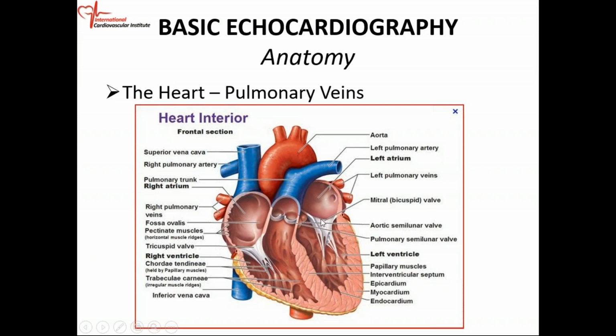This is the mitral valve right there. This is your interventricular septum. This is the right ventricle. You have three papillary muscles in the right ventricle because this is your tricuspid valve. It has three leaflets, and you can see from the papillary muscles these cord-like structures that come off.